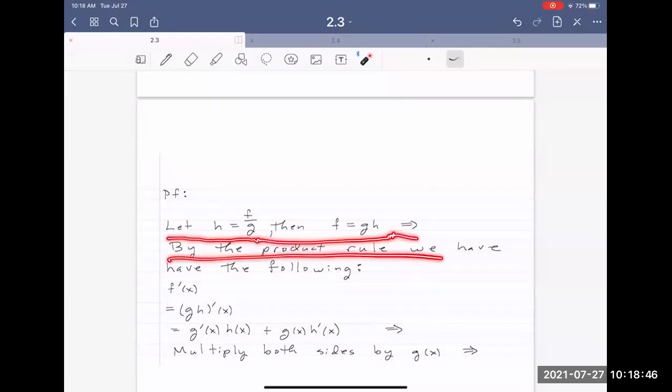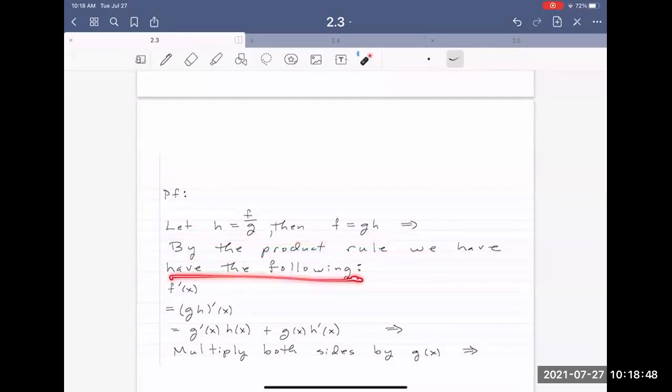And so by the product rule, we have the following, that f prime of x is equal to, we're doing g's and h's, g prime of x times h of x plus g at x times h prime of x.